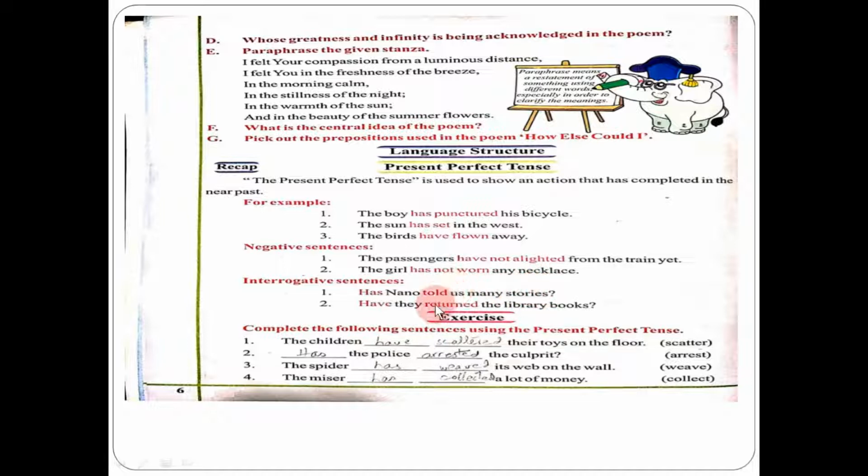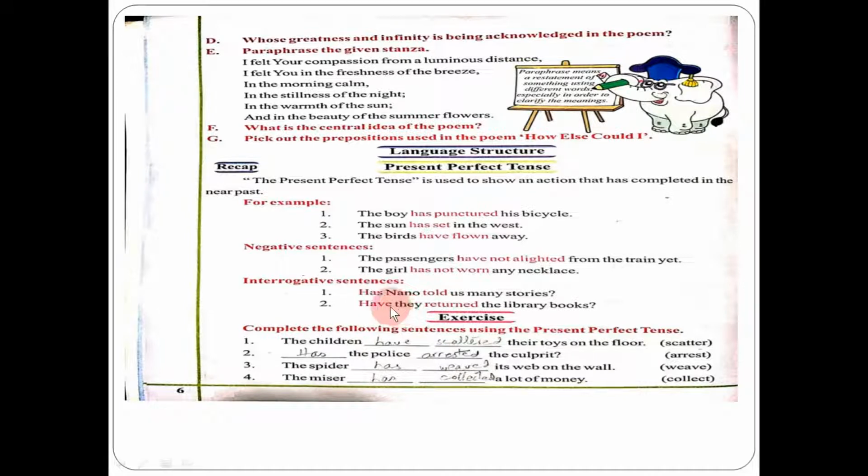Now look at the example. Has Nano told us many stories? It means has has come at the beginning of the sentence and the third form of verb is at its place, and we are going to add question mark at the end. Now it's an interrogative sentence.